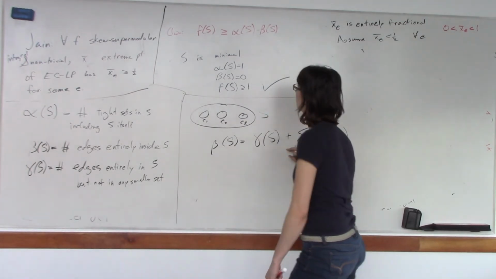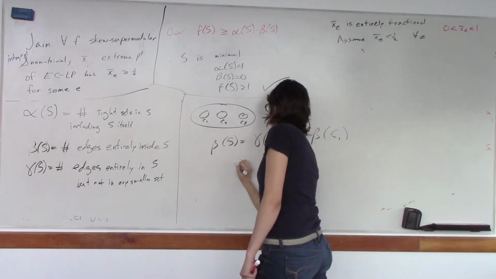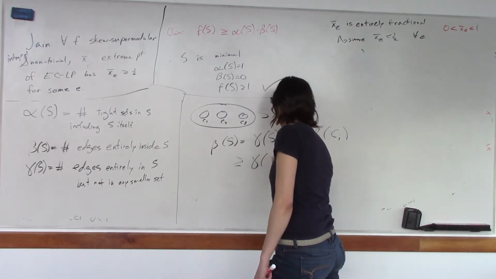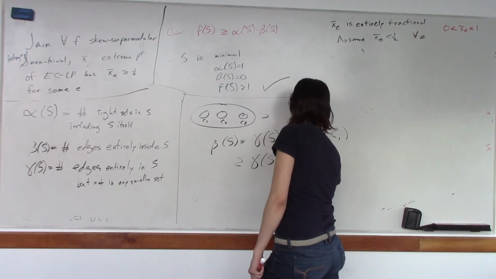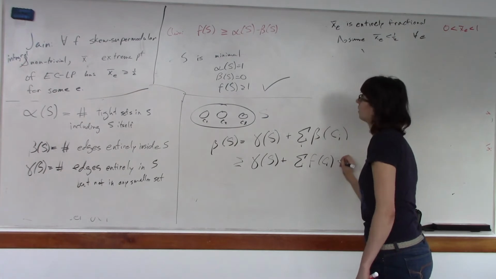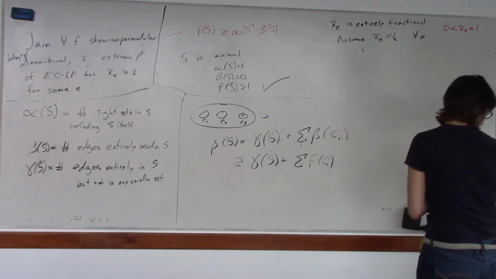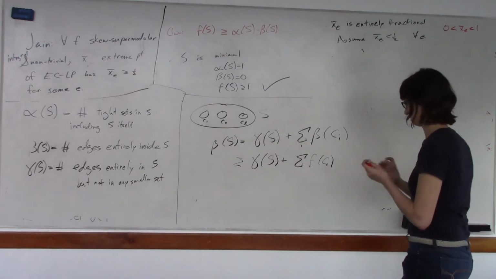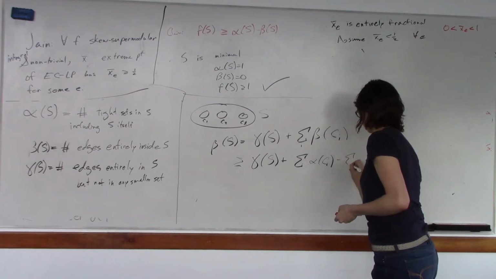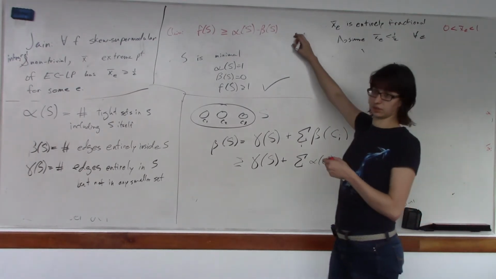And so if we use this inequality here, we get that this is greater than or equal to gamma of S plus sum of f of Ci, alpha Ci minus sum of f of Ci. And this is just applying the claim by induction.